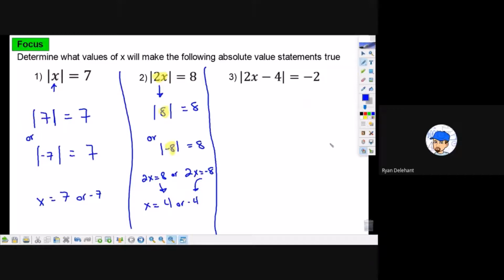Why can't that ever happen? What type of answer is this? That's negative 2. So what it's asking us, forget about this stuff inside. What can I get in there inside an absolute value that'll result in a negative? Nothing. No solutions is the answer we like for this one.